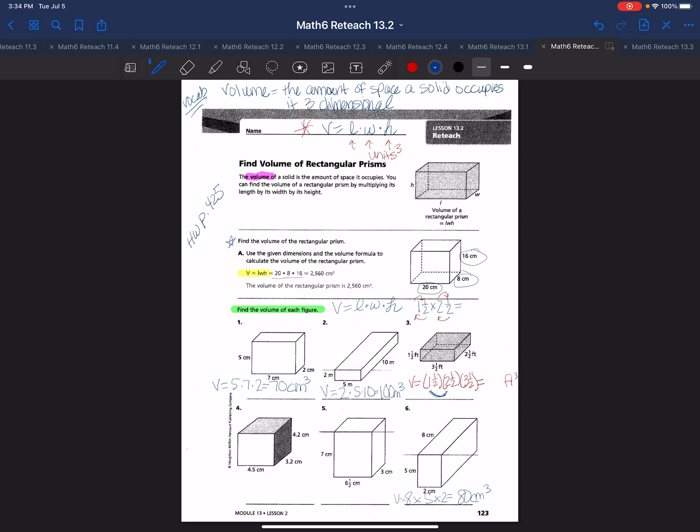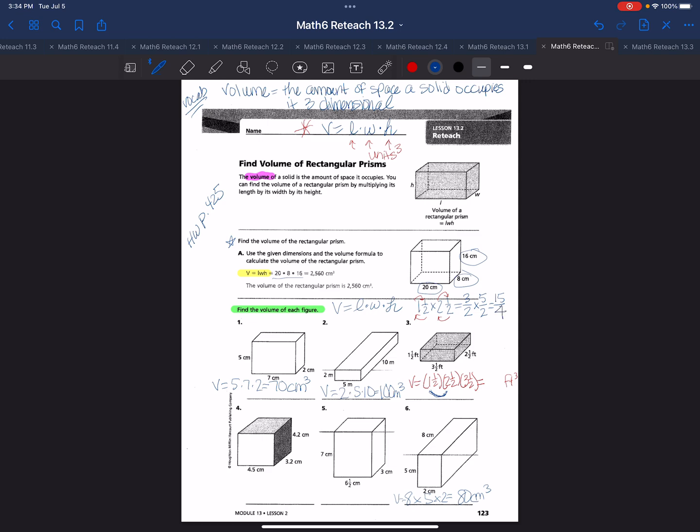So 2 times 1 is 2 plus 1 is 3 halves. And 2 times 2 is 4 plus 1 is 5 halves. Then you just multiply across and you get 15 fourths, because 2 times 2 is 4.